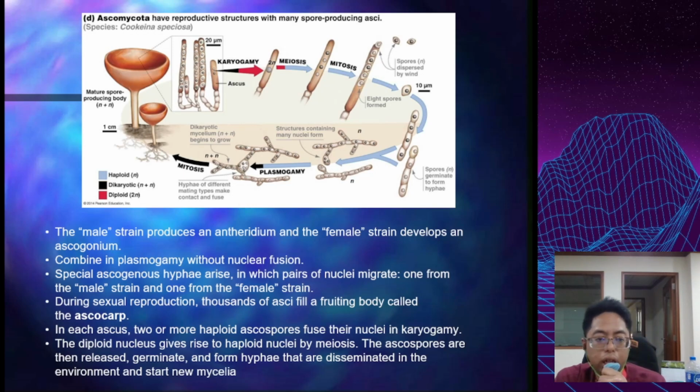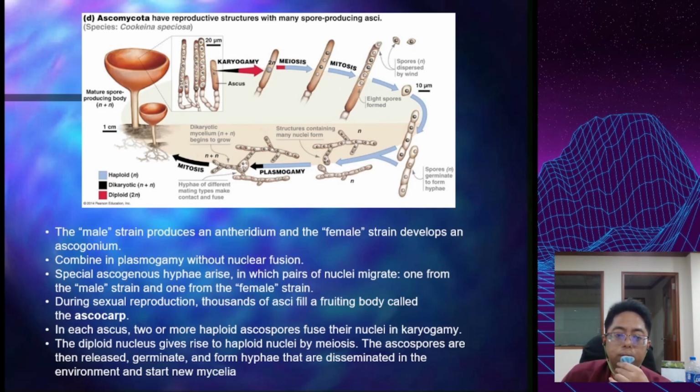Okay, so the male strain will produce an antheridium, the female produces an ascogonium. So they will combine by plasmogamy without nuclear fusion, they just combine. And special ascogenous hyphae arise in which pairs of nuclei migrate, one from male, one from female. During sexual reproduction, thousands of asci fill a fruiting body called the ascocarp.